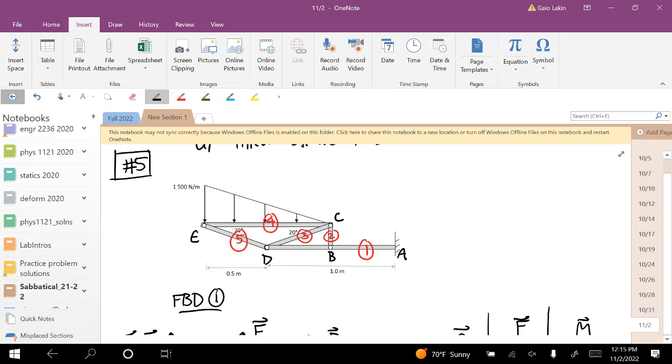There's not going to be the force from 5. So there's going to be a negative F13 on this side. And over here, it's only going to touch member 2 because that's where that joint is. So there'll be a negative F23 there, and that's all. There won't be a force from 4 or a force from 5. Okay, any questions about that?